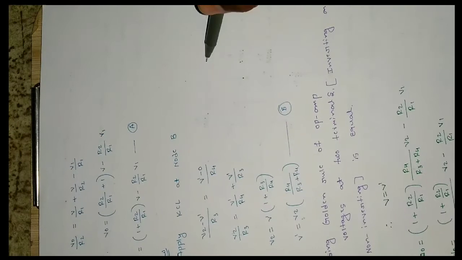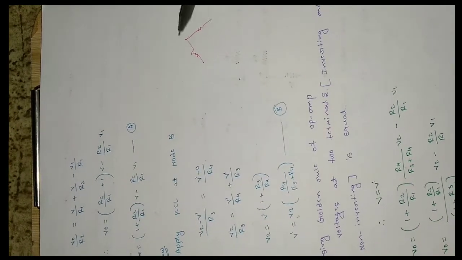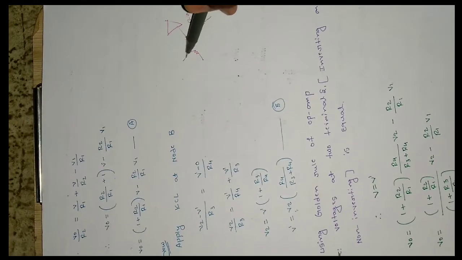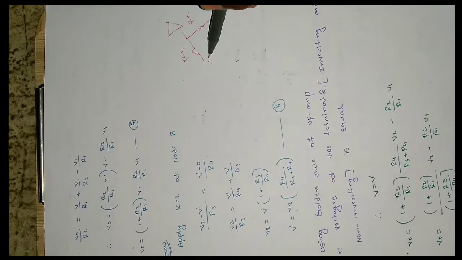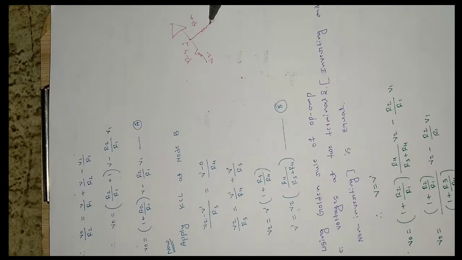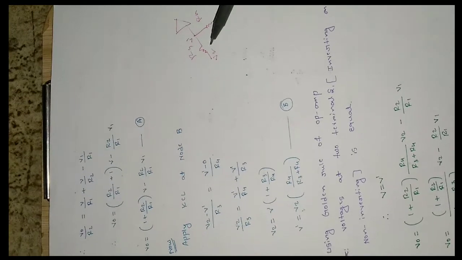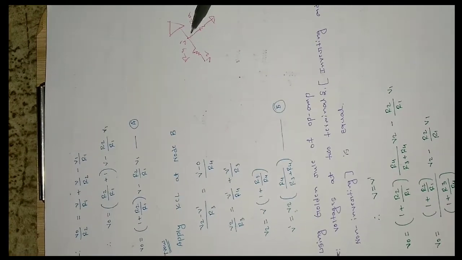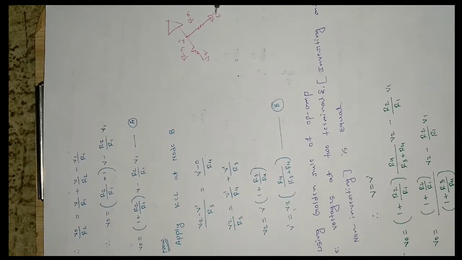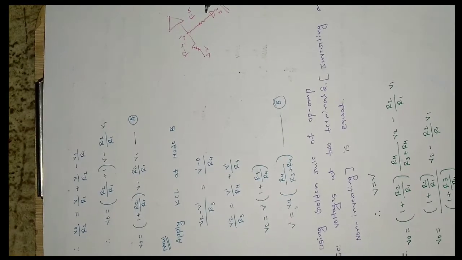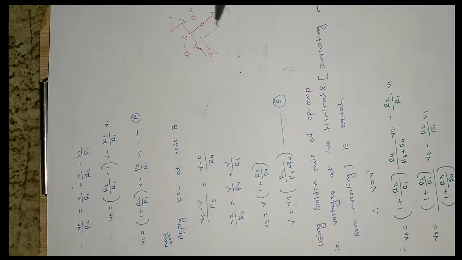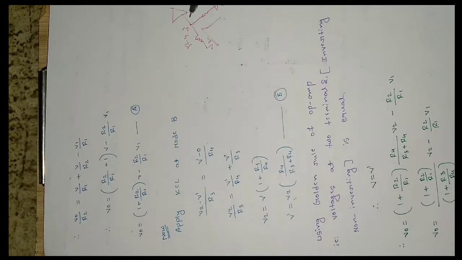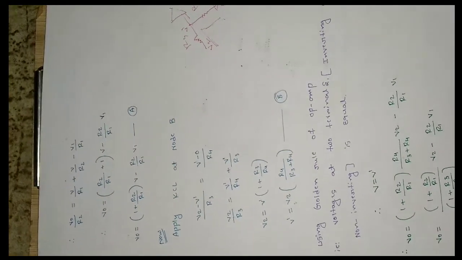This is the op amp portion, this is R4 and this is R3, this is V2 and this is V dash, and this is connected to ground, so it is 0 volts. This current is equal to this current, because no current will flow into the op amp. That golden rule we know.